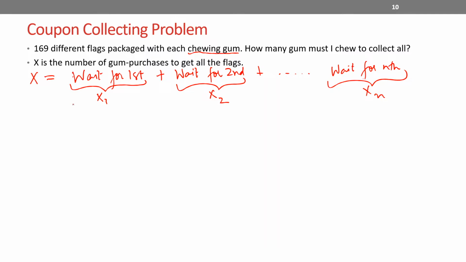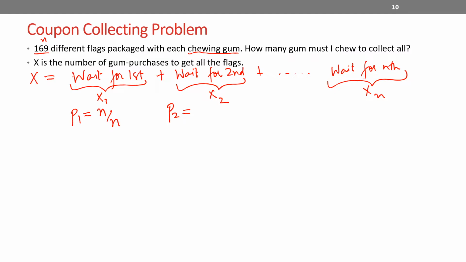The probability for success in this situation is going to be n over n, because whatever flag I get, it is a new flag for me. So the success probability is n out of all the n that I need to collect, and in this case, n is 169. The success probability is going to change from the first to the second to the third, because it depends on how many I've collected and how many I need to collect.